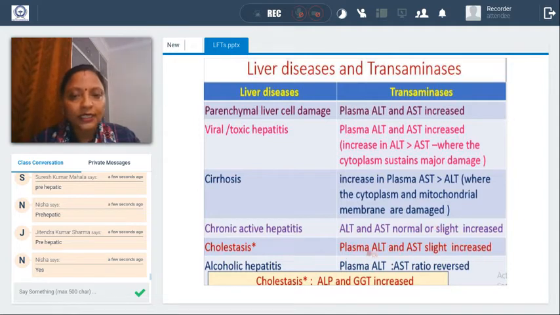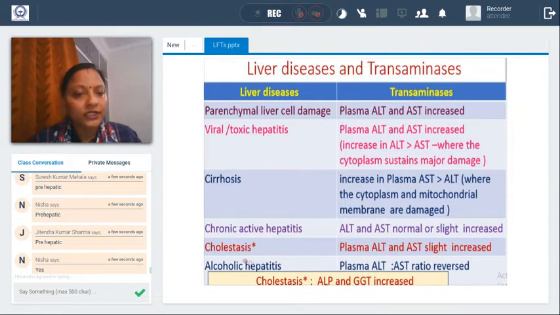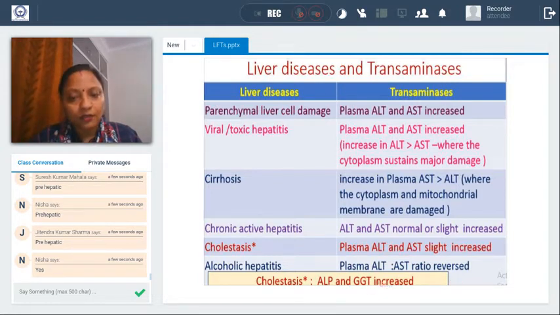In active hepatitis, ALT and AST are normal or slightly increased. In cholestasis, AST and ALT slightly increase, but ALP and GGT increase. ALP is alkaline phosphatase, the biomarker of cholestasis. In alcoholic hepatitis, the AST and ALT ratio is reversed, and ALP and GGT are also increased in alcoholism.